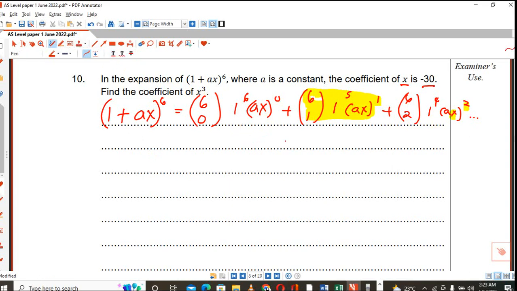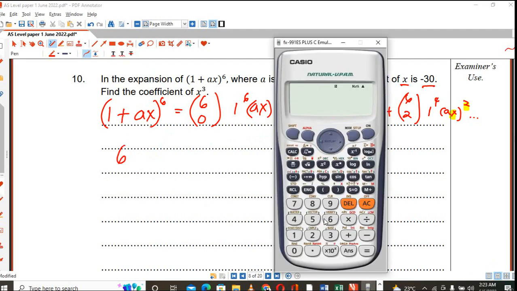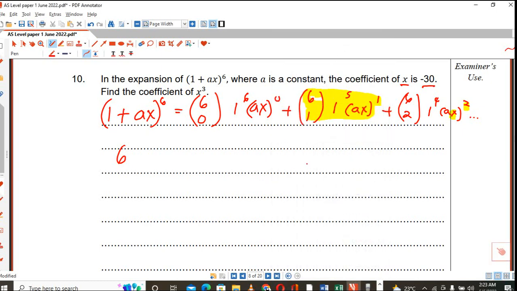All right? So 6 choose 1. The answer is 6. I hope you still remember how to find that. 6 choose 1 is 6 factorial over 1 factorial, multiplied by 6 minus 1, which is 5 factorial.